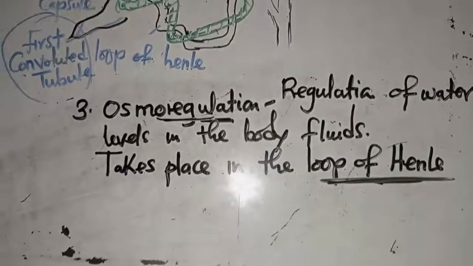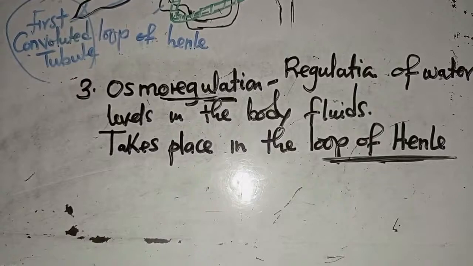If you don't have balanced water levels in your body, you push the brain to secrete a certain hormone by a certain gland that is called the pituitary gland.